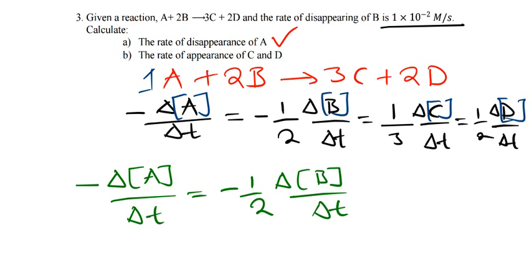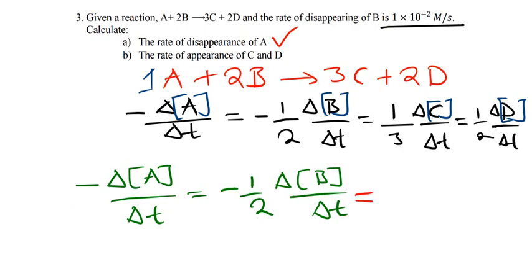So the rate of disappearance of B has been given. The rate of disappearance, in simple terms, should appear as a negative in our equation. So the way this one is appearing, this is the rate of disappearance of A in its original appearance. Now I'll do something crazy here.